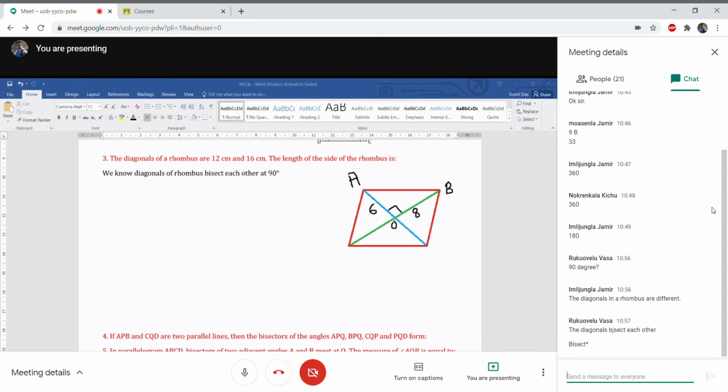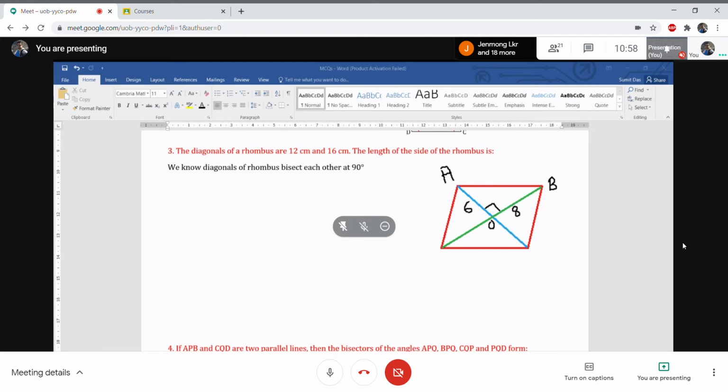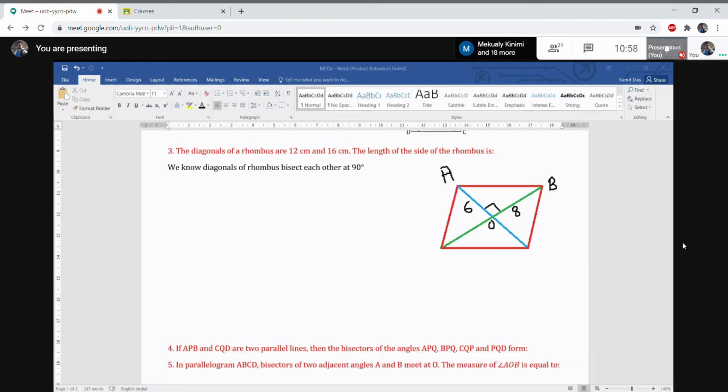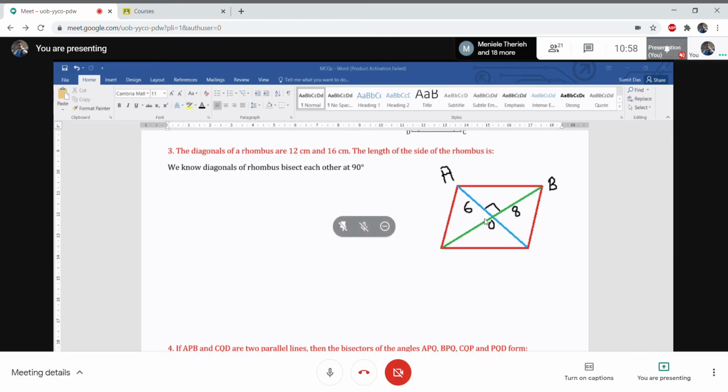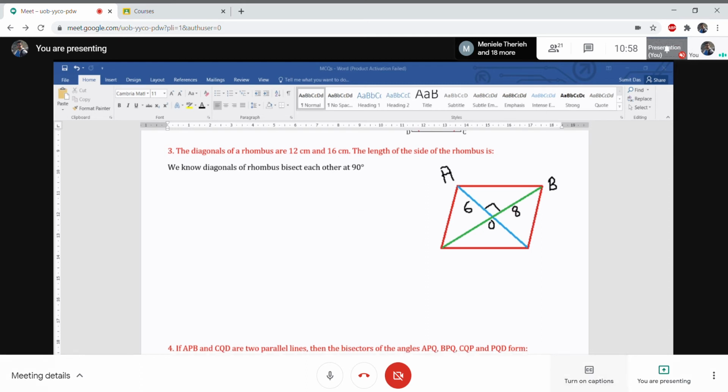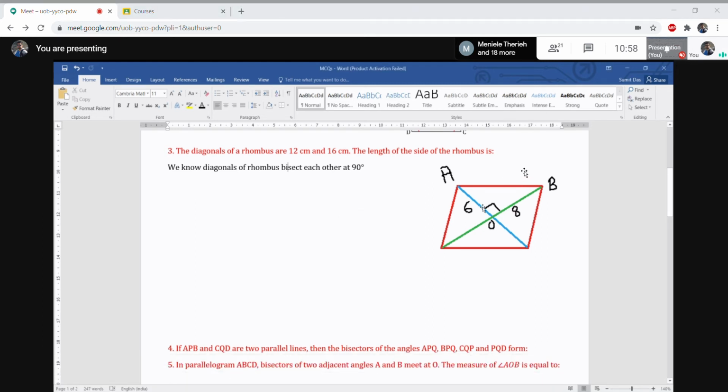They bisect at O at 90 degrees. So you can see this angle is 90, and AO is 6 and OB is 8.